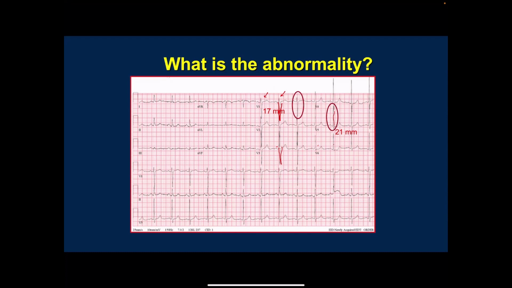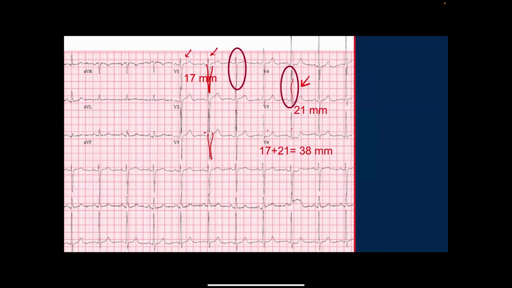For exam purposes, it's enough to know they would be really big on 3, 4, 5, 6. But the official criteria for it is that the length of the R wave in leads 4 or 5 or 6 or even 3, one of them, plus the length of the S wave in V1 or V2 would be 35 or more.